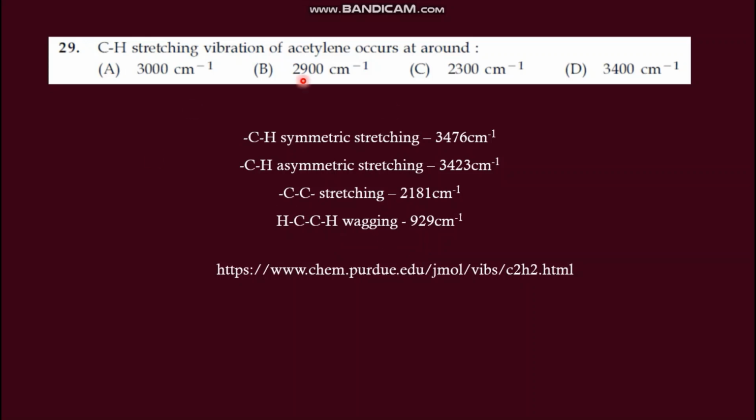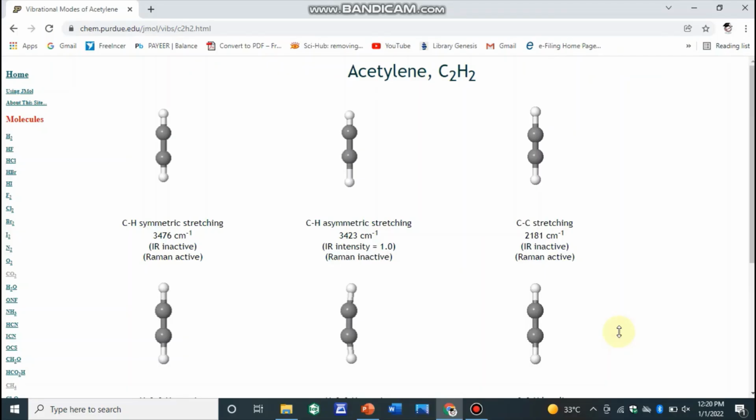And all these vibrations, like stretching or bending or wagging, you can just see. You go to this website, you can see the representation. Now you can see the acetylene molecule.